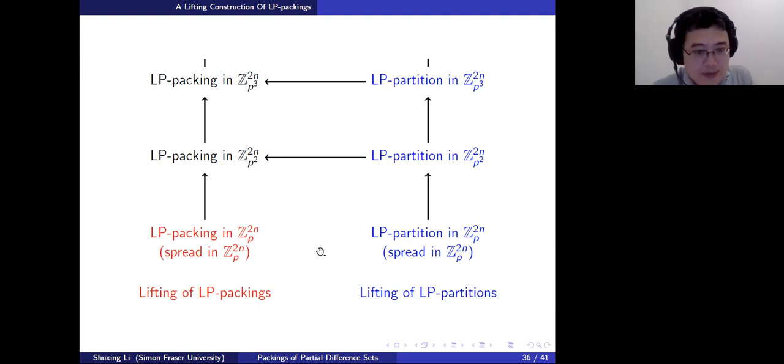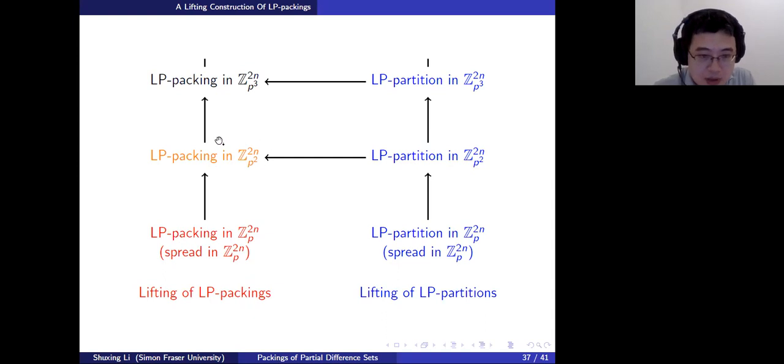Now comes the very neat part. To finish the recursive construction, we want to combine the LP packing at the p level and the LP partition at the p squared level. By combining those two, we get an LP packing at the p squared level.